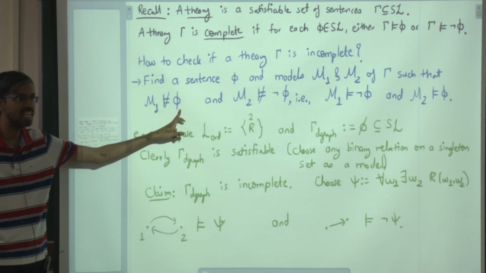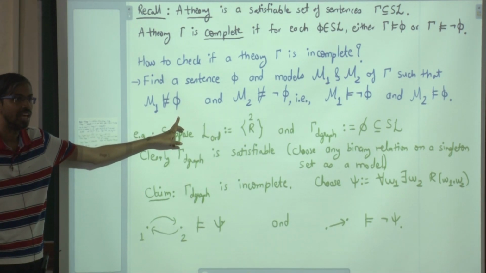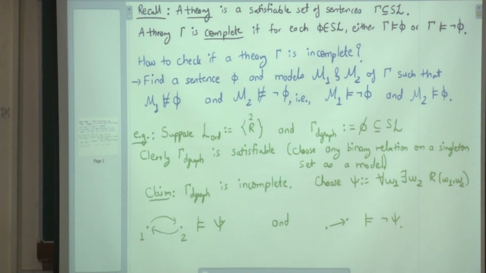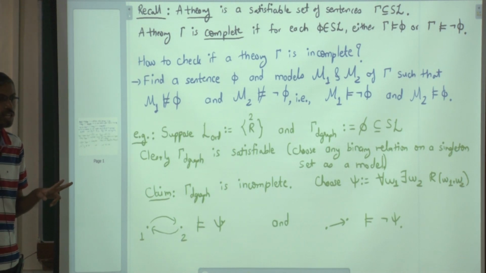If M1 doesn't satisfy phi, then M1 must satisfy negation phi. So M1 satisfies negation phi and M2 satisfies phi. You have to find two different models which have this, and finding such a sentence is important to prove that it is incomplete.